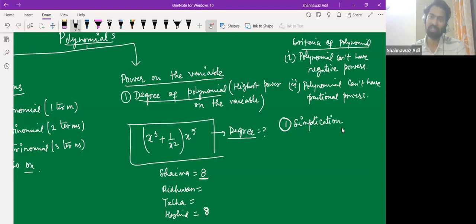Without simplification, if the equation can be simplified, we cannot tell what kind of polynomial it is.